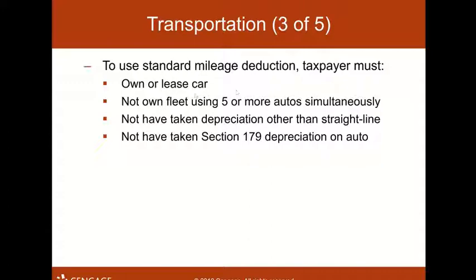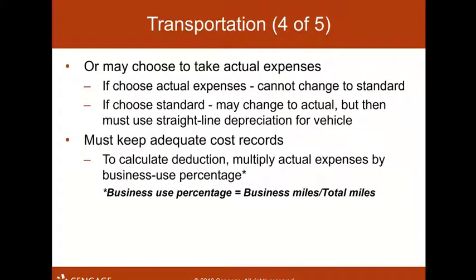The taxpayer must own or lease the car, not own a fleet using 5 or more autos simultaneously, not have taken depreciation other than straight line. So the method that should be used to work out depreciation for the cars is straight line method. Not have taken section 179 depreciation on the auto, which is the section about accelerated depreciation. We'll see this later on in the chapter related to depreciation.